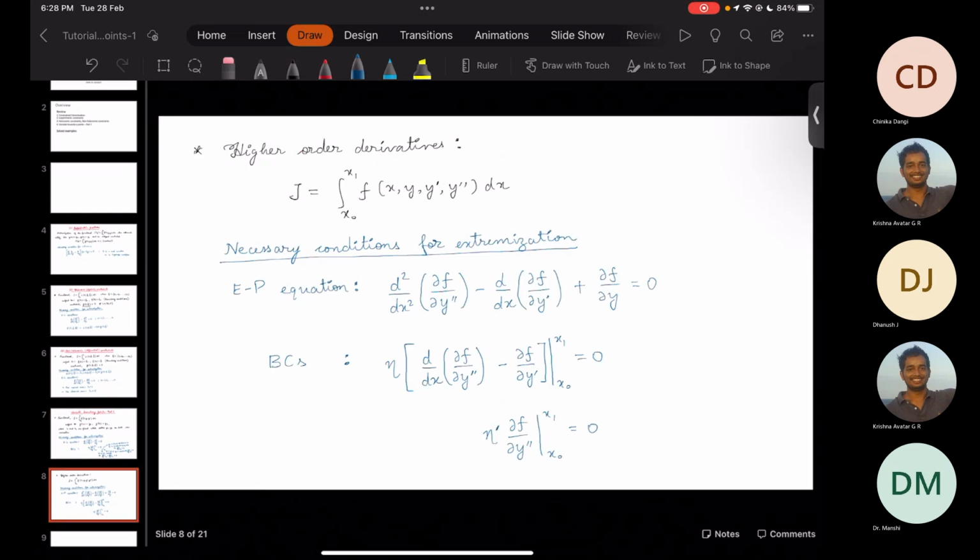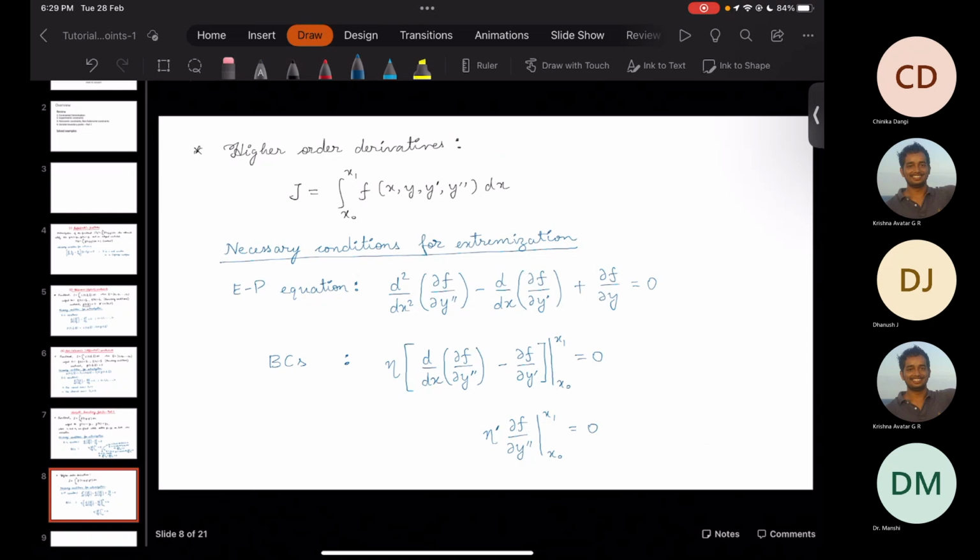Okay, now let's see problems with variable boundary points, but the functionals which contain higher derivatives. So let me present the case for when we have terms up to second order derivatives in our functional.